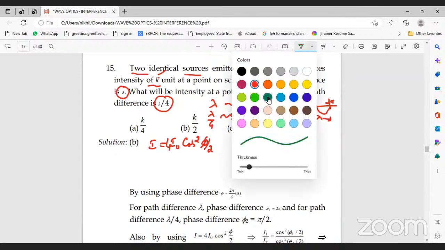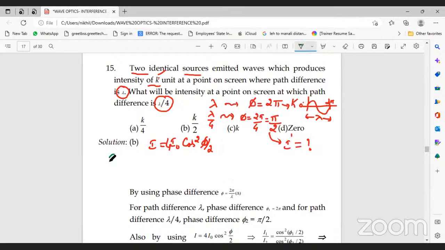Now, can you tell me the two equations? Intensity for the first case by intensity for the second case: 4 I naught cos squared phi by 2. What is the first phase angle? 2 pi. So 4 I naught cos squared pi.